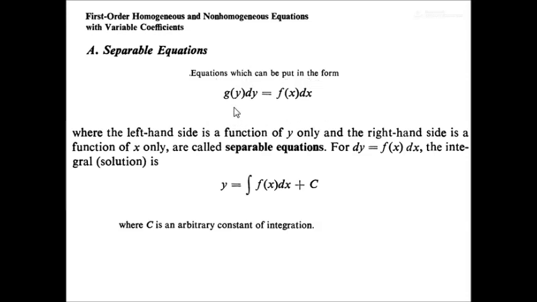And for this, if you consider dy equal to f(x) dx, this will be the integral solution. So y must be the integral of f(x) dx plus c. C is any arbitrary integration constant.